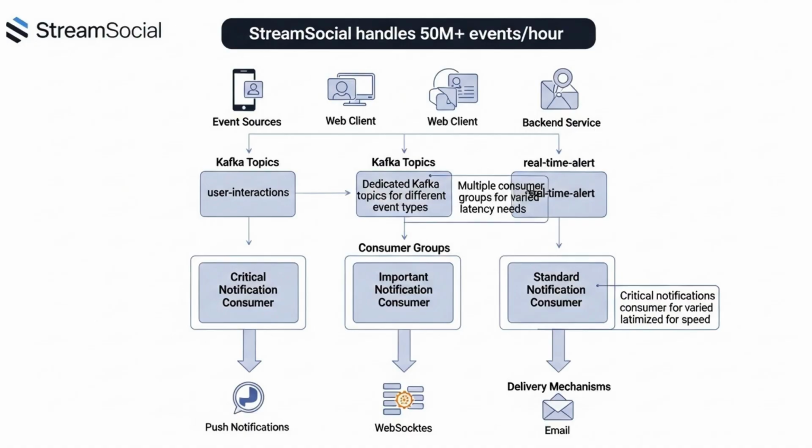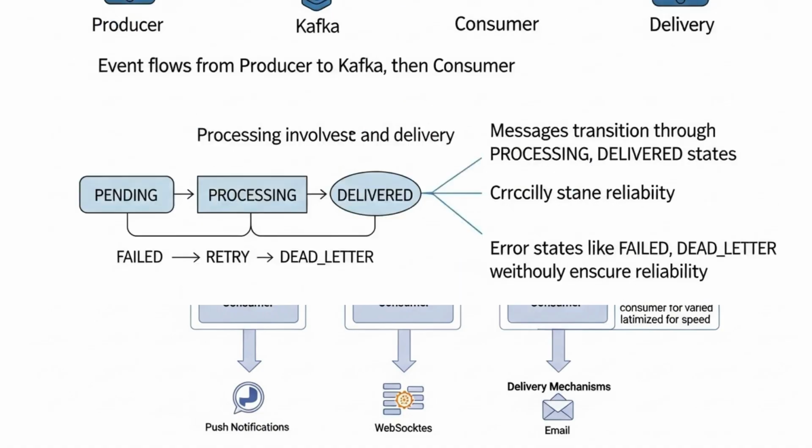And finally, a standard notification consumer for recommendations with a more relaxed 500 millisecond target. This strategy allows independent scaling and optimization. The critical consumer group, for example, can use aggressive poll timeouts and fetch settings and be provisioned with more resources without impacting the processing of less urgent notifications. This separation is key to consistently meeting diverse SLAs for notification delivery.